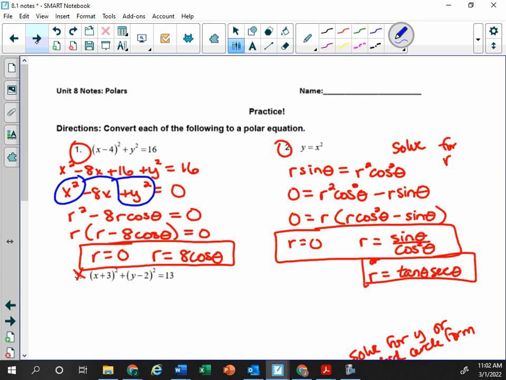When you're ready to look, 1 and 2 are up here, guys. That makes things a lot easier. For number 1, remember combining the x squared and y squared.